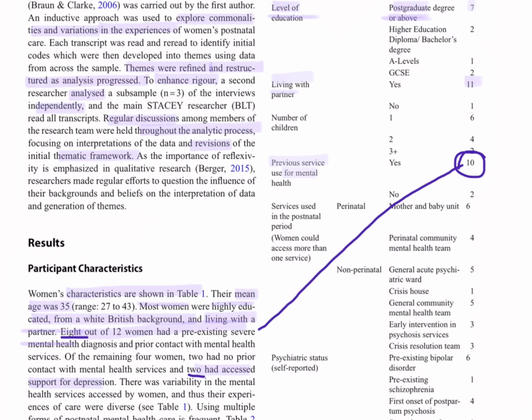It helps the researchers look for common themes of experiences that the women had and where some of the differences were. And a qualitative analysis for themes takes time to refine. The research team met regularly to refine their analysis and to revise the themes as they needed. So we get all that information about how the data was analyzed.